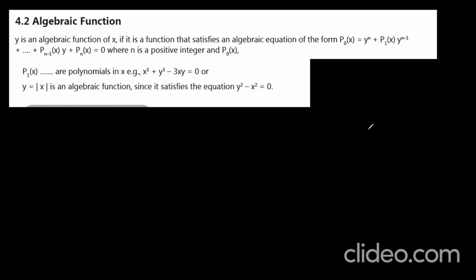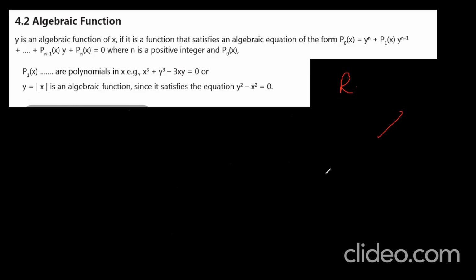Suppose I want to find the range of a variable. The range of a variable is nothing but the set of all numerical values taken by the variable. That is called range. The range of a variable may be either finite or infinite. It depends upon the given question.